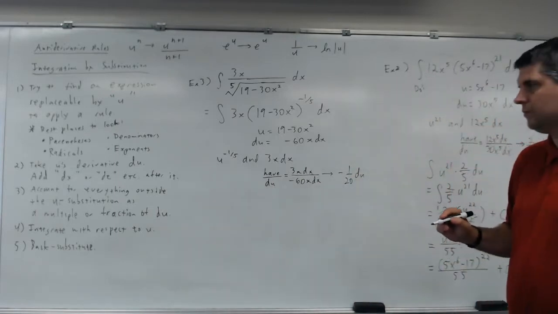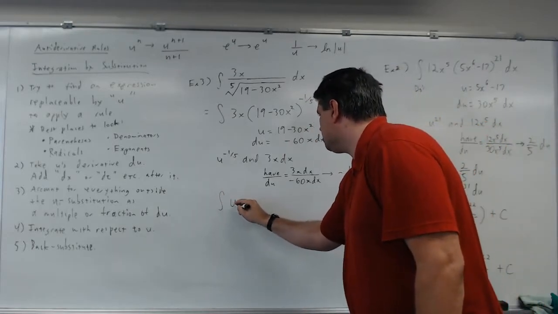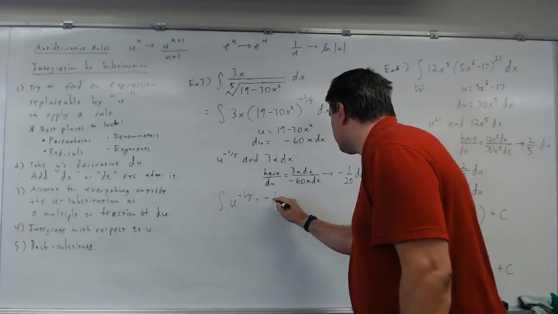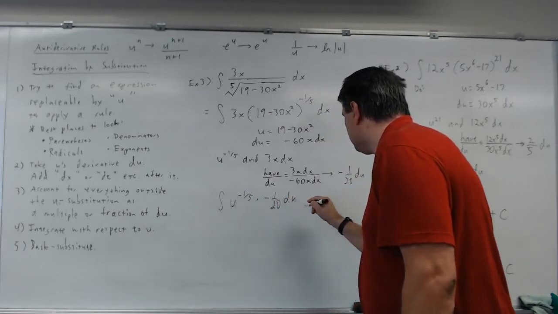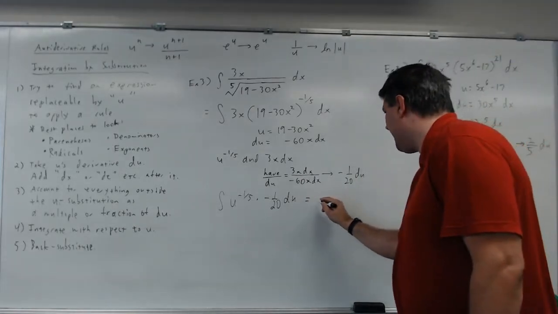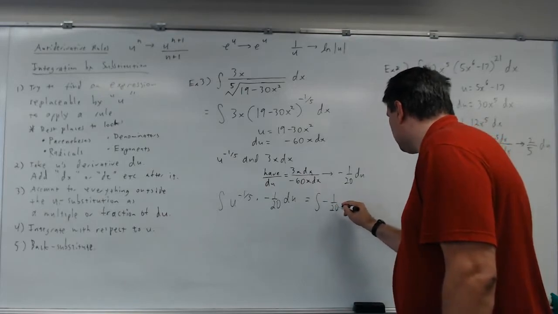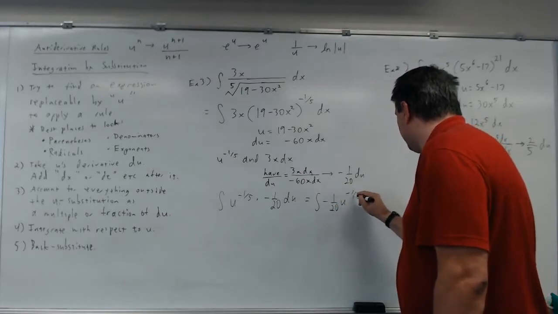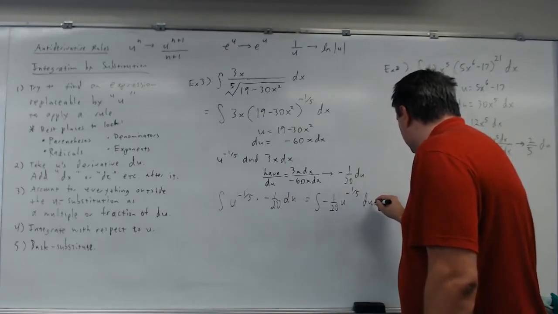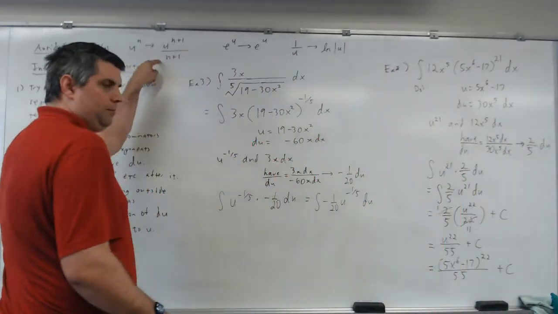Okay? So I have the integral of u to the negative 1/5 times negative 1/20 du, which I will rewrite in a more standard form as the integral of negative 1/20 u to the negative 1/5 du. And once again, it's the power rule.